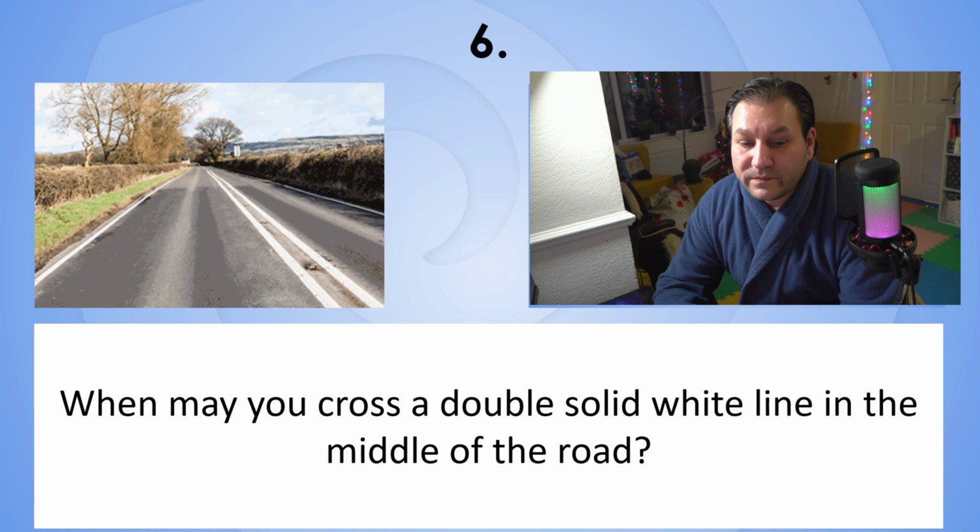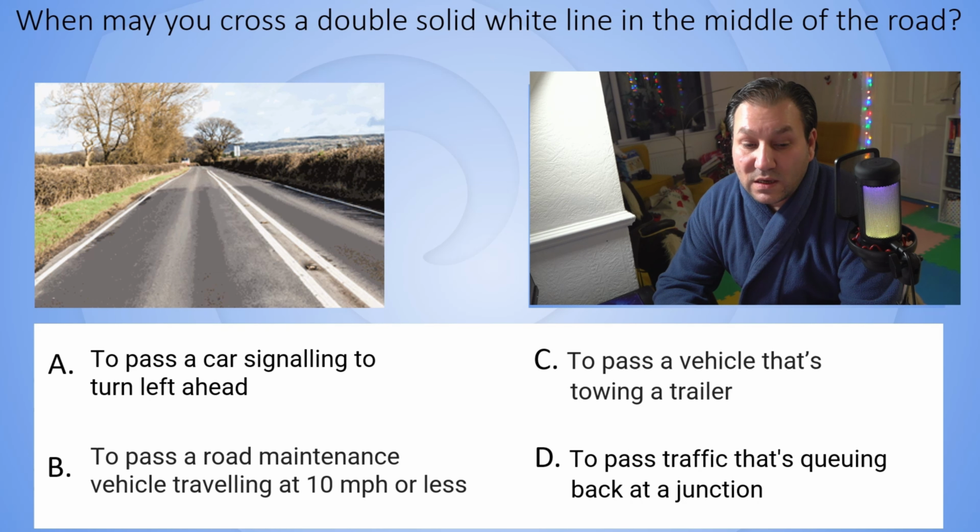6. When may you cross a double solid white line in the middle of the road? A, to pass a car signaling to turn left ahead. B, to pass a road maintenance vehicle traveling at 10 miles per hour or less.